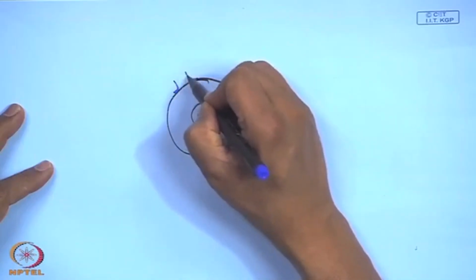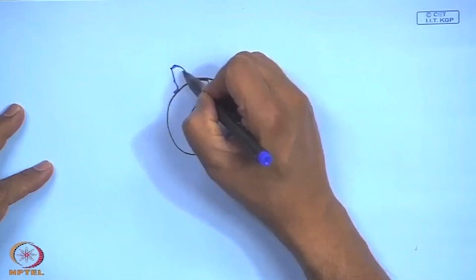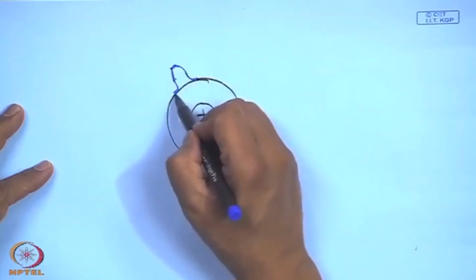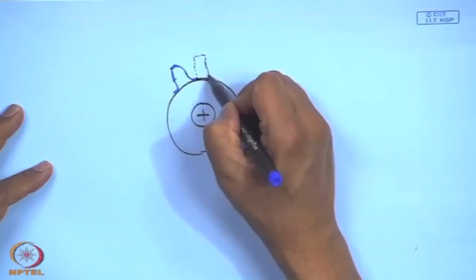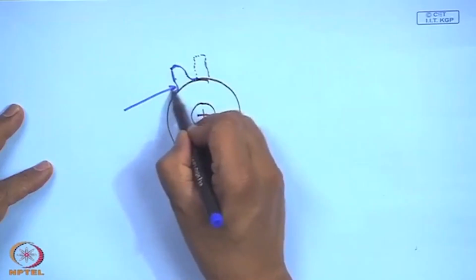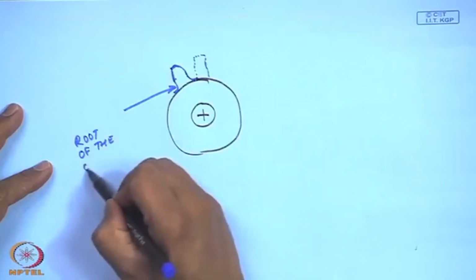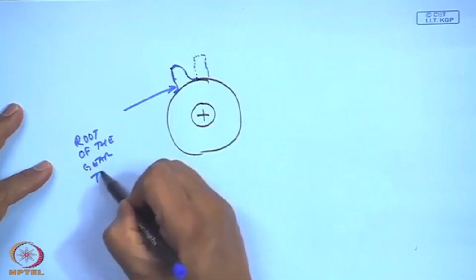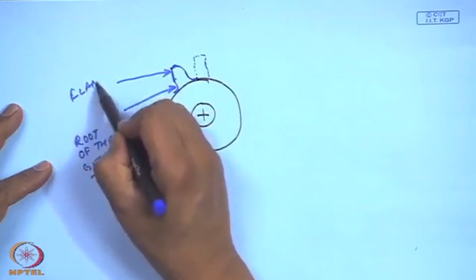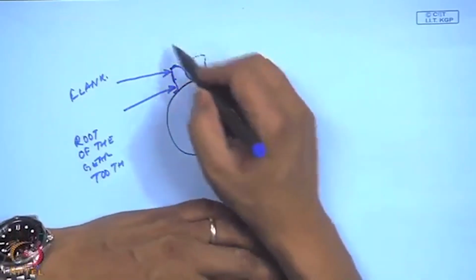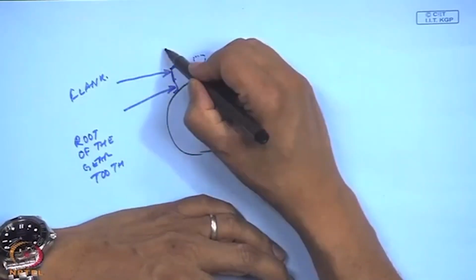If I just draw one gear tooth, and then there will be such teeth all around the circumference, this is the root of the gear tooth, this is the flank. And this is going to mesh with another gear, from the pinion and so on.